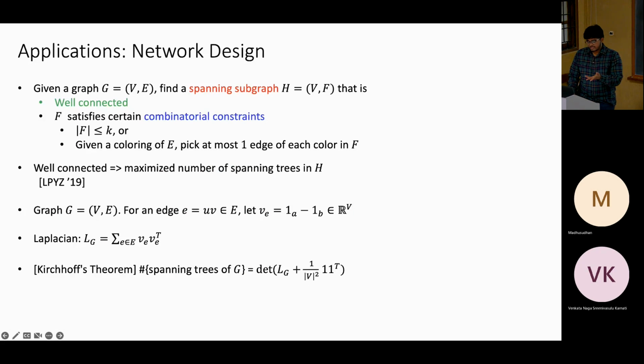So you're choosing edges, which is choosing vectors, and you're trying to maximize this, and you have a combinatorial constraint on which vectors you can pick. So it's determinant maximization with matroid constraints. This is a subcase of that.